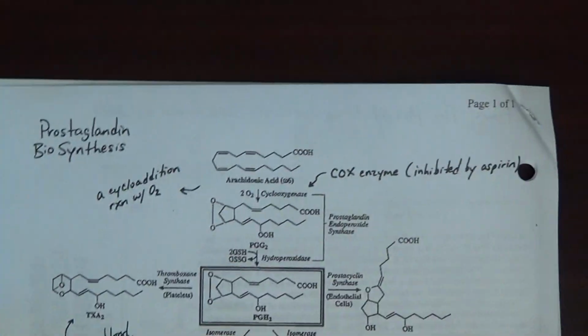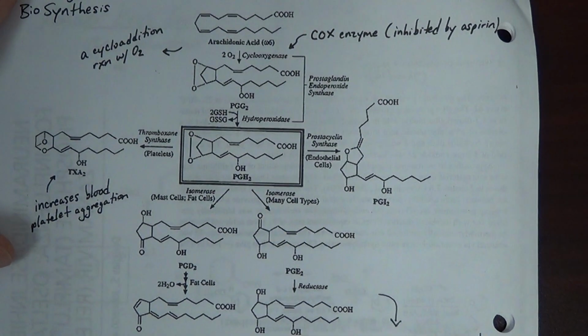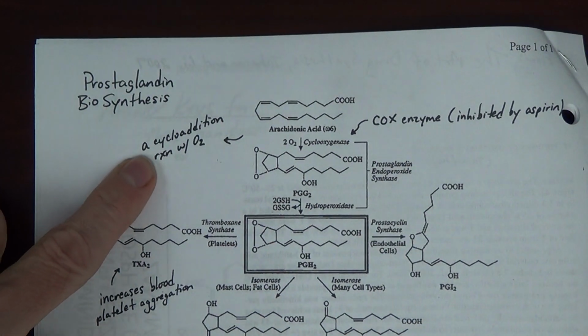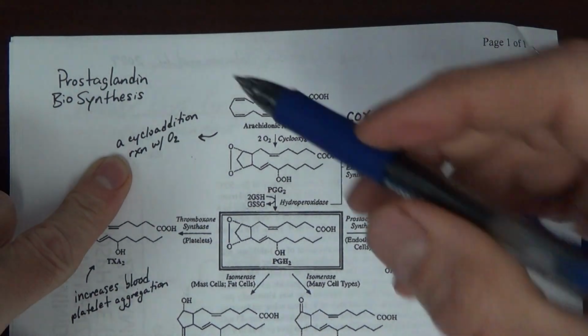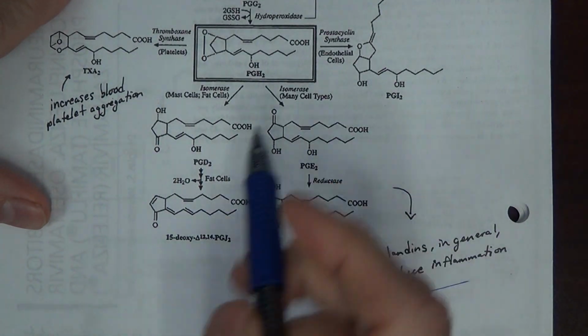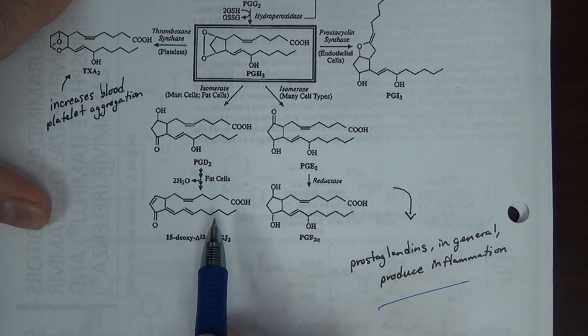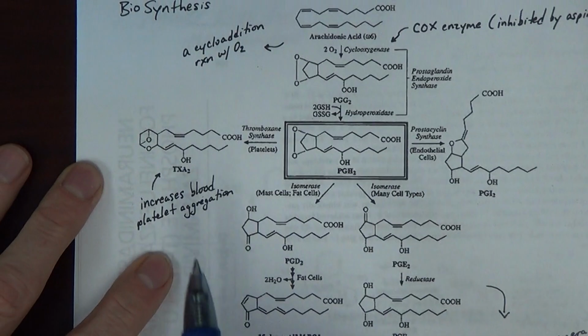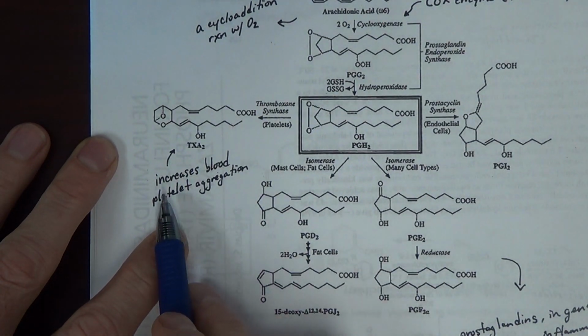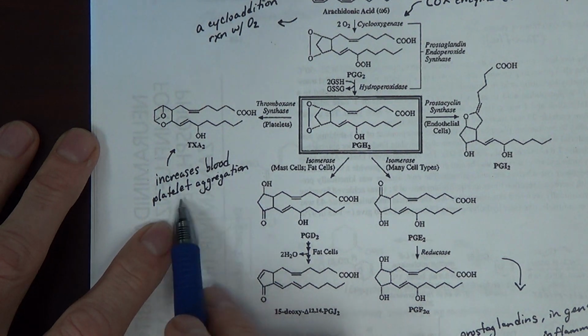On the back of the handout here, a biological example of a cycloaddition reaction is in the synthesis of prostaglandins. Okay? These compounds are called prostaglandins. They are involved in blood platelet formation, blood clotting.